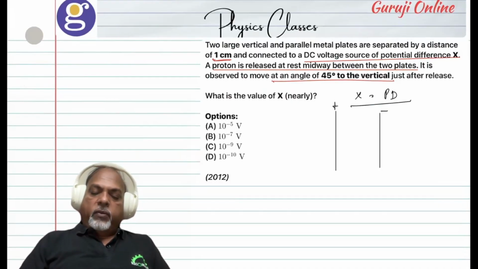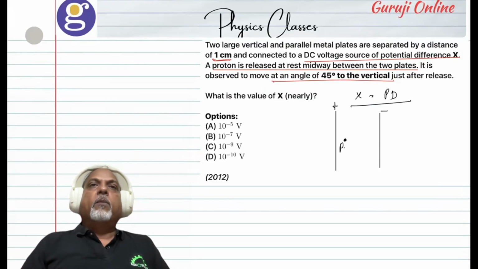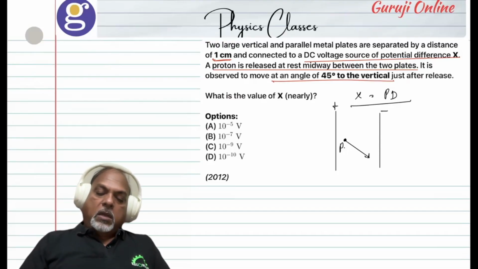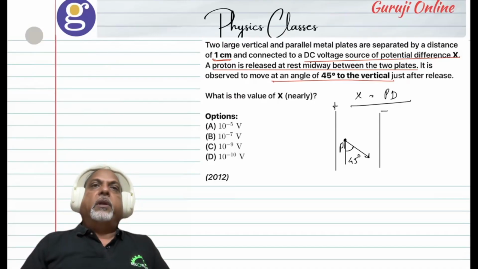Then of course, if you release a proton, the question says it moves at an angle of 45 degrees to the vertical. It is basically moving like this, and this is your vertical, and this is 45. We have to find out the value of X.